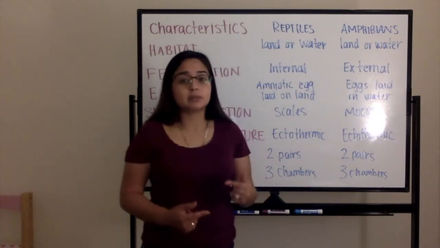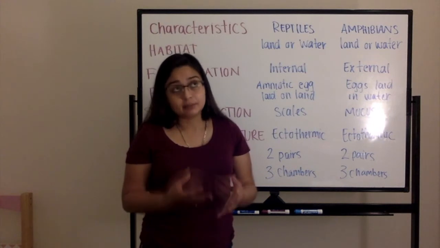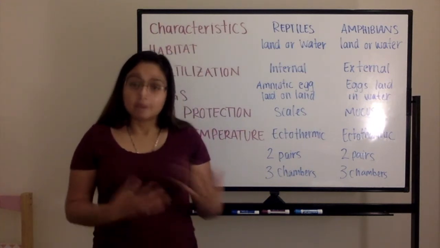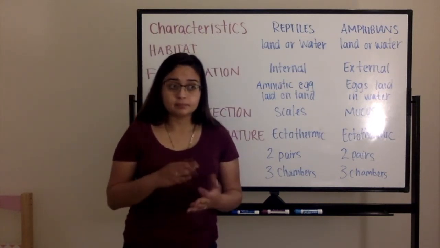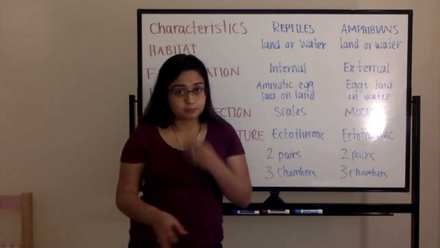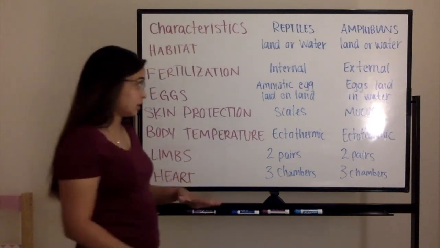Remember when we talked about the life cycle of a frog? Yeah, the female lays eggs in the water, and then the male goes and fertilizes the eggs in the water by spreading sperm. Nothing happens internally, it's all external in the water.